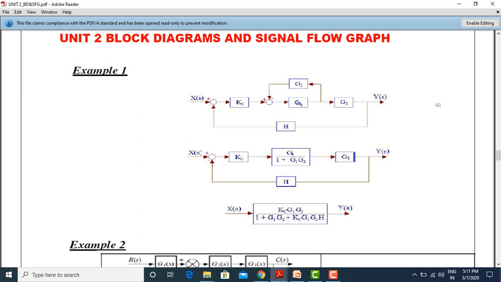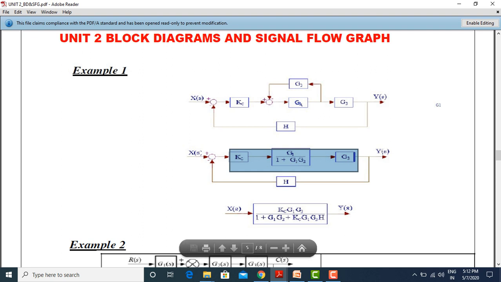Now we can see this Kc block and G3 are in series. Just take them into one block. Now we can observe that this is the minor feedback loop.